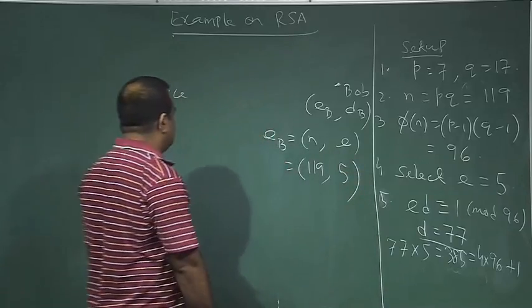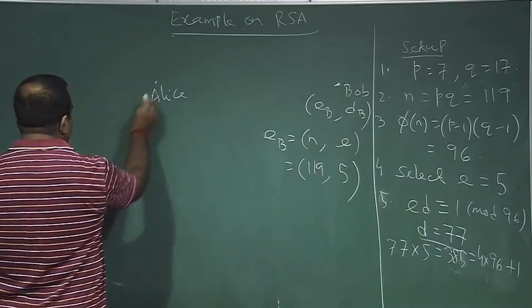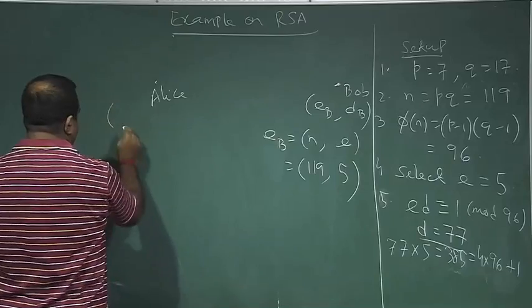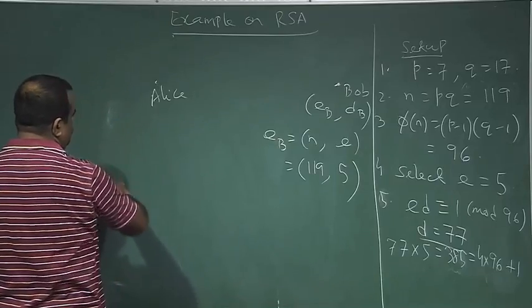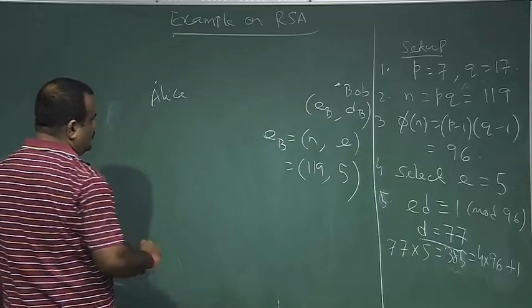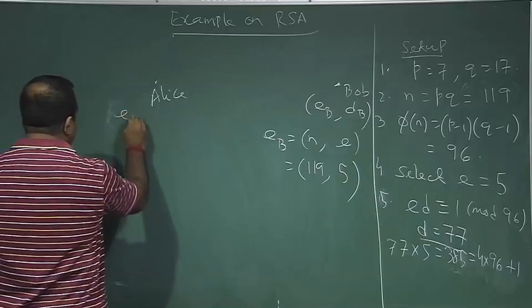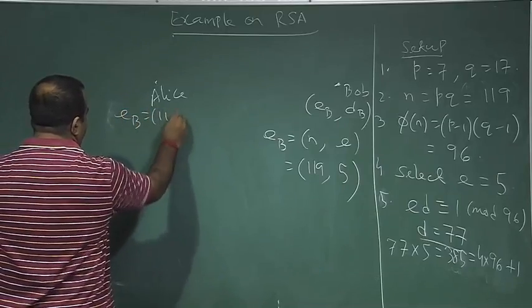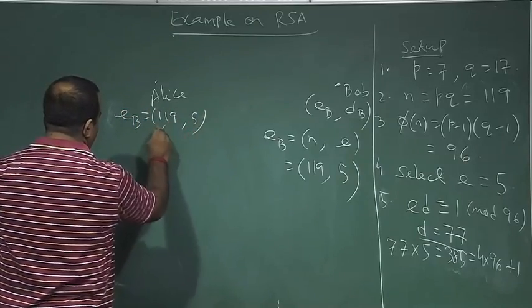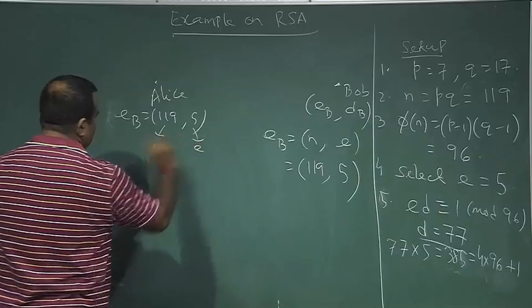This is sent to Alice. It is known to Alice, and not only Alice, this is public, everybody knows it: 119 comma 5, this is n, this is E.